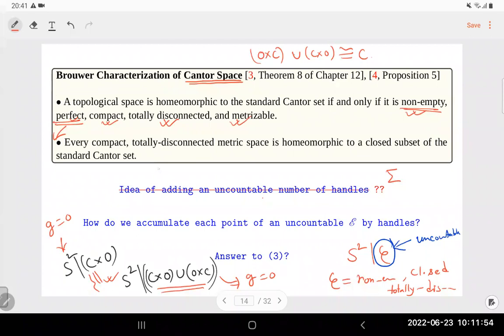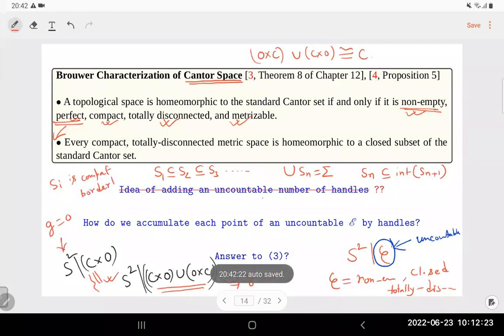Compact exhaustion means you can consider compact bordered surfaces S1, S2, S3, and so on, such that the union of the Sn equals the surface, Sn is contained in the interior of Sn plus 1, and each Si is a compact bordered subsurface.